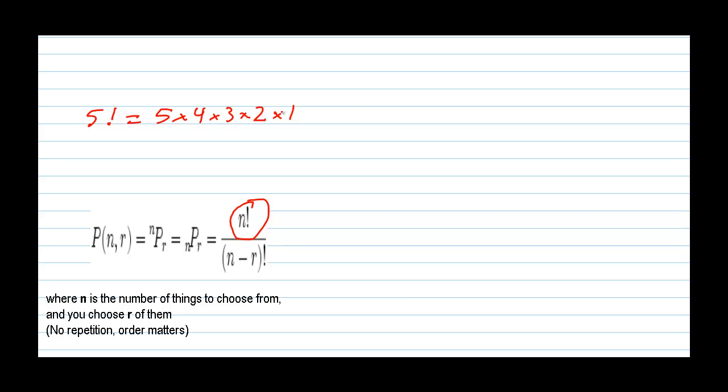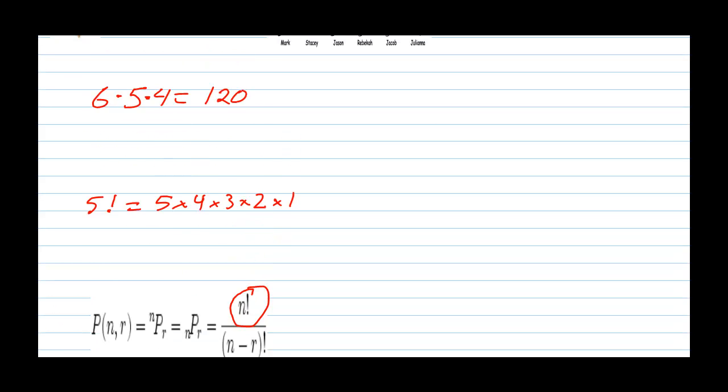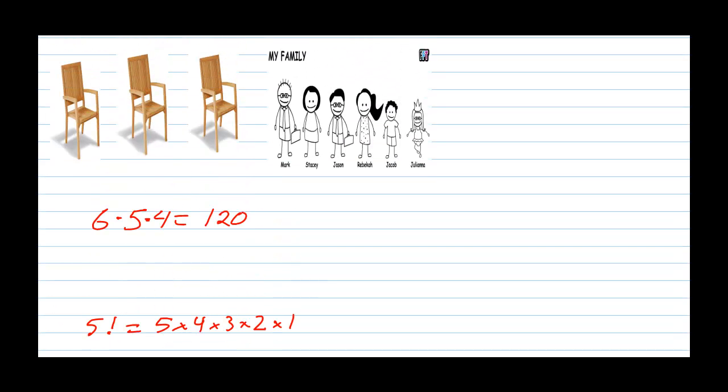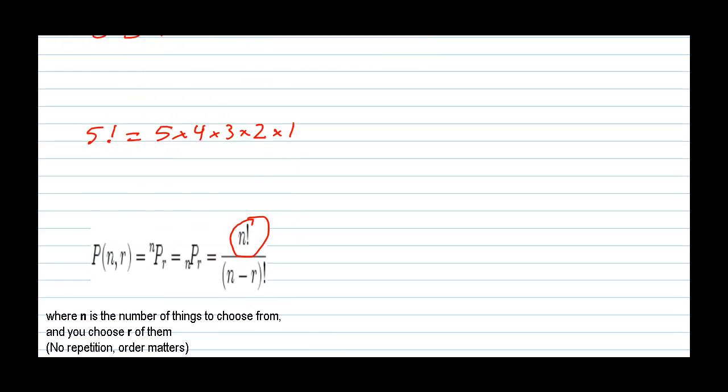So if we were to test our formula with the situation we covered up here, where we had 6 people and 3 chairs, we know that n equals 6, because we have 6 people, so there's 6 choices, and r will equal 3, because we have 3 chairs, 3 spots.